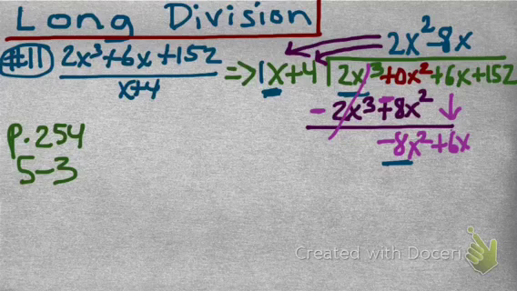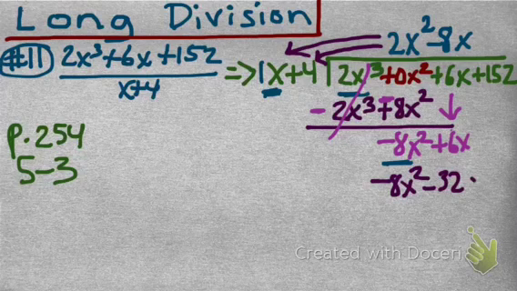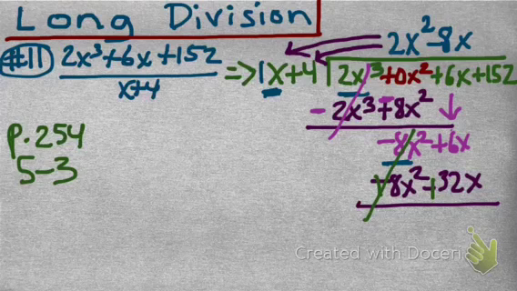We get negative 8x squared. Multiply him out to the 4 in front, and get minus 32x. Then we change the sign before we combine. The first two terms cancel, and then we have a positive 6x and a positive 32x, so that adds up to positive 38x.